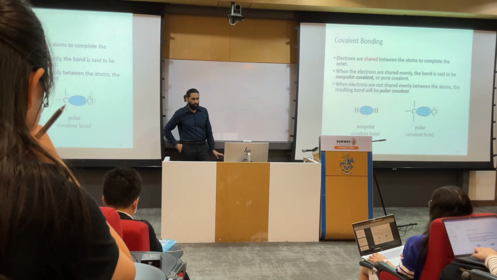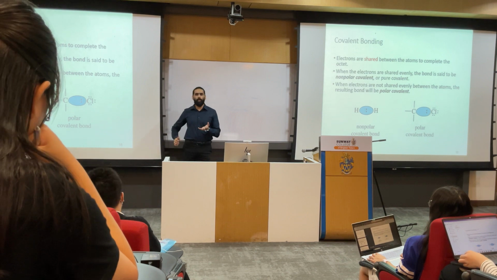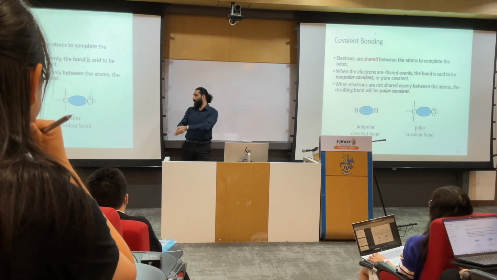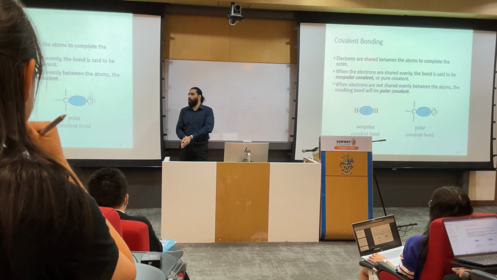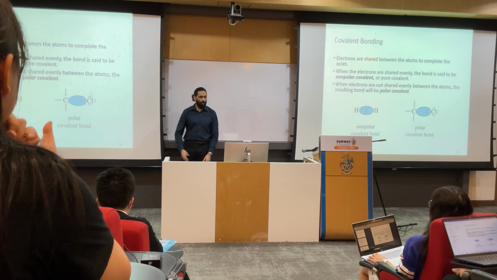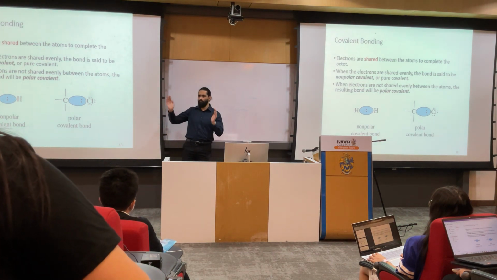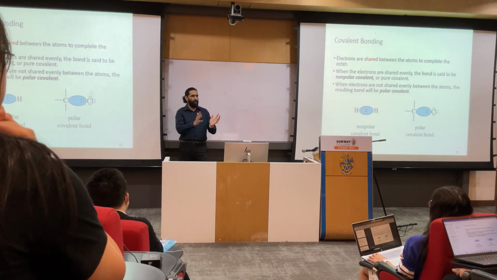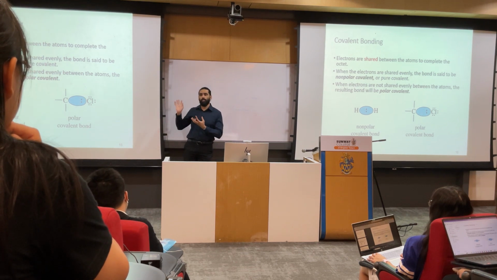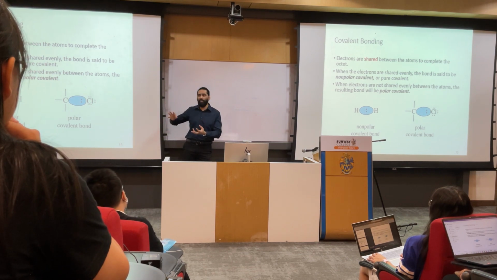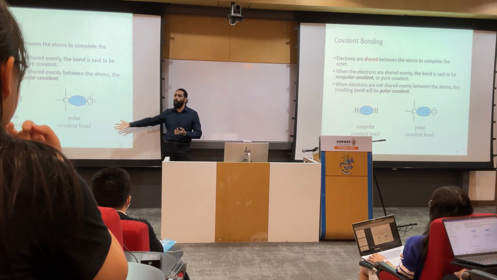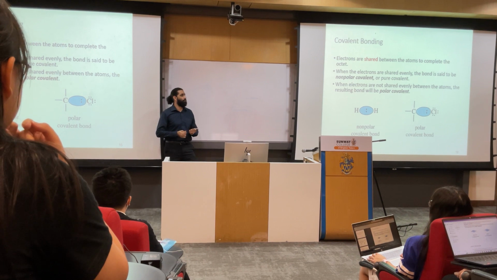So covalent bond. Here we don't have a clear winner, so both elements share the pair of electrons involved in the bonding. In a non-polar covalent bond, the pair will be somewhere in the middle, while in a polar covalent bond, this shared pair could also be skewed towards one of the elements based on their difference in electronegativity.